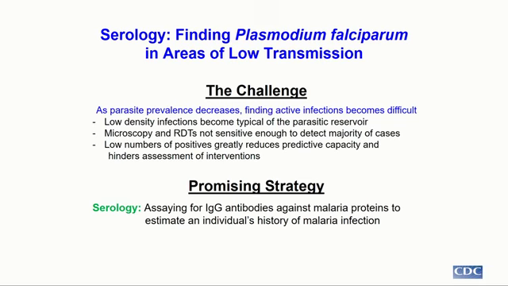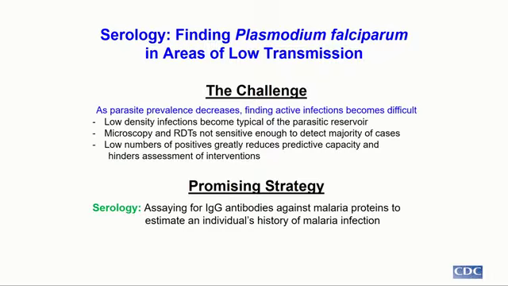Especially when parasite prevalence goes to the elimination setting level, you cannot simply rely on parasite detection as the basis to understand where the transmission reservoirs are. It is important to understand where the transmission reservoirs are to break the cycle, and that is where serology provides additional information that will be of use.